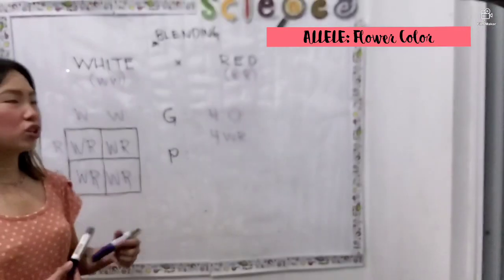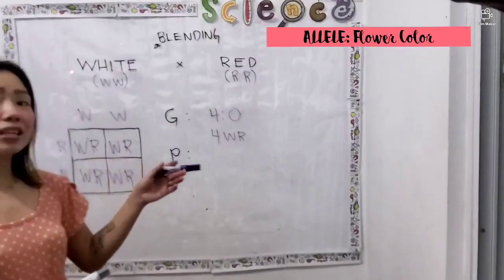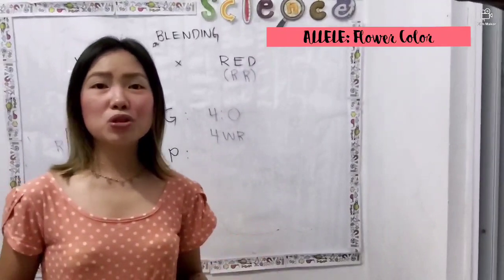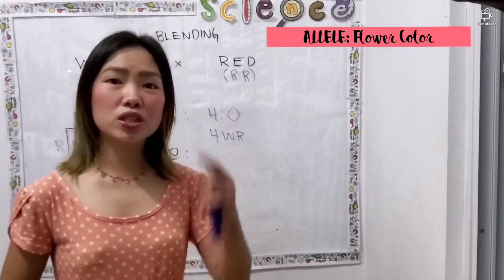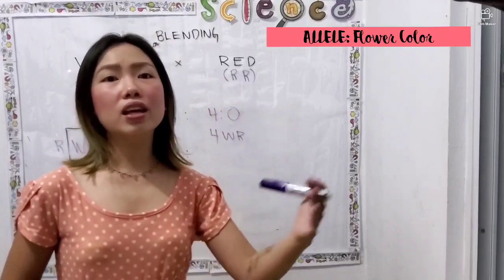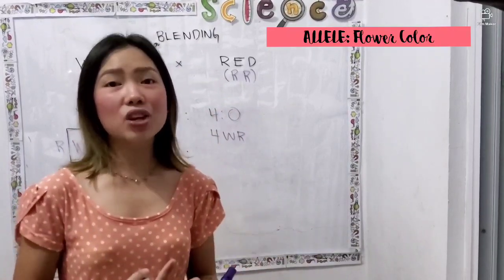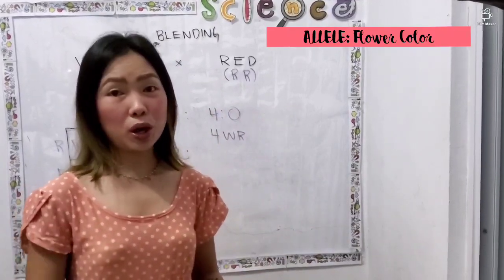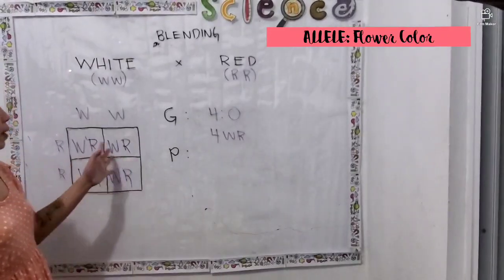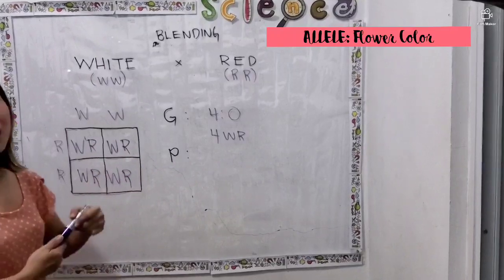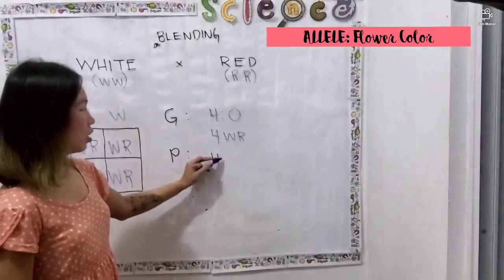On the phenotypic ratio, ang titingnan naman natin is the expression of the trait. Yung expression of the trait, meaning to say, doon na tayo sa trait na pinag-uusapan natin, which is the color of the flower, the red, the white, and the resulting blending of the color, which is color pink. Now, on the phenotypic ratio, since 4 yung magkakaparehas natin, then we also have the ratio of 4:0.